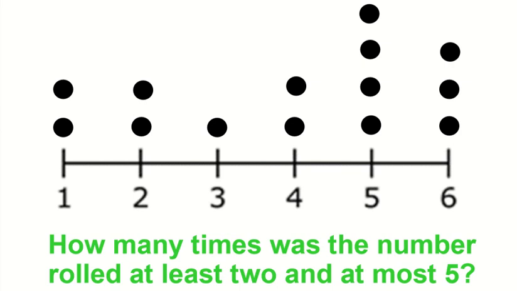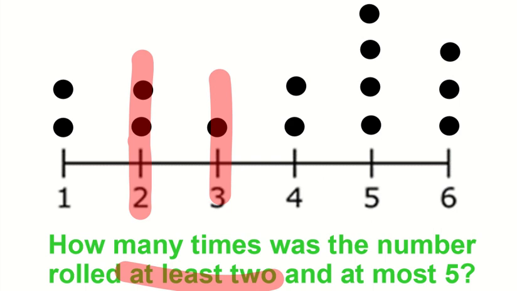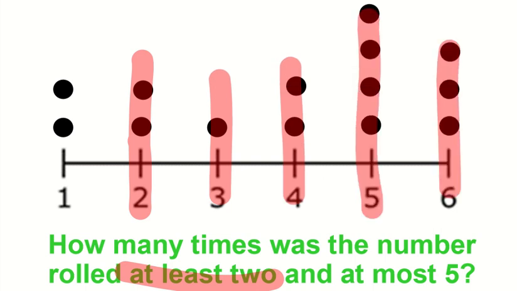All right, how many times was the number rolled at least 2 and at most 5? David? 9 is correct. So at least 2 means 2 or greater, right? At least means that much or more.